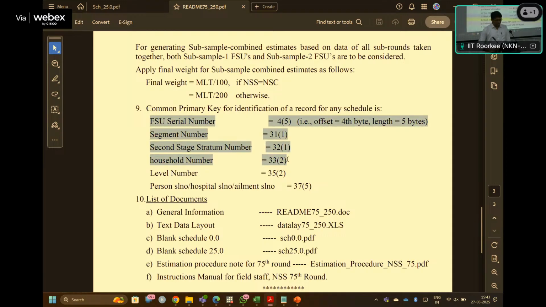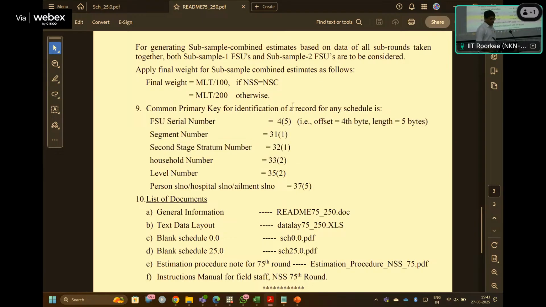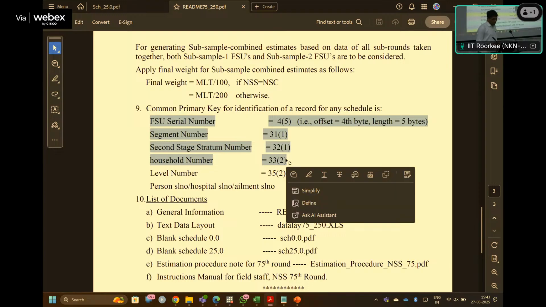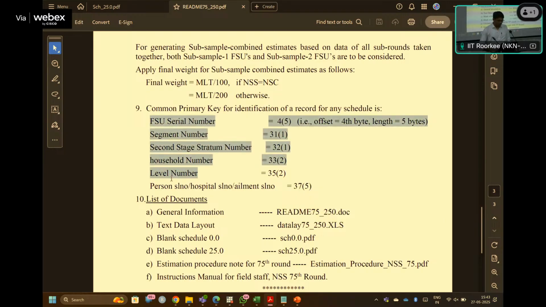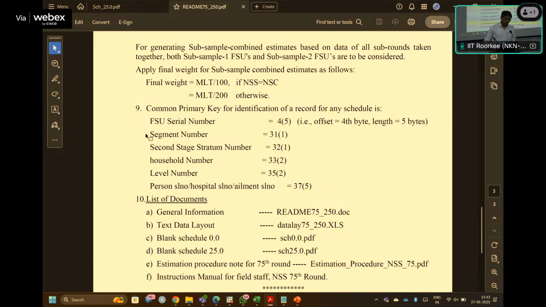Till these byte spaces I have highlighted here: the FSU, segment number, second stage stratum number, then household number. They have mentioned clearly about the household. If you combine these 4 variables together, you will get your household ID, household common ID. If we combine all together, including person serial number, you will get a person ID, person combined or unique ID. Now one is at the household level, another is at an individual level.